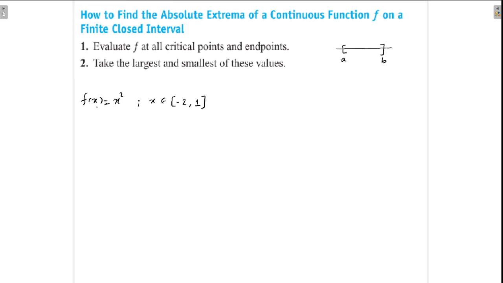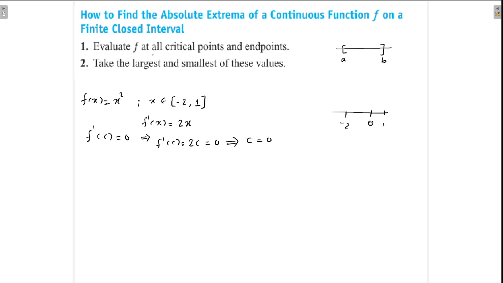Since this is a differentiable function, critical points are obtained by equating f dash c to 0. f dash x is equal to 2x, so f dash c is 2 times c equal to 0, which implies c equal to 0. So if our interval is [-2, 1], this is our one critical point.